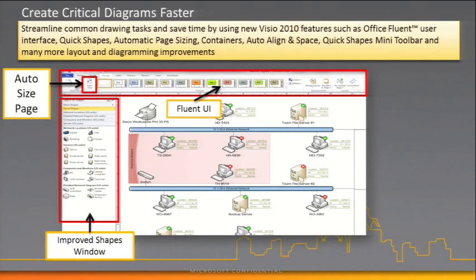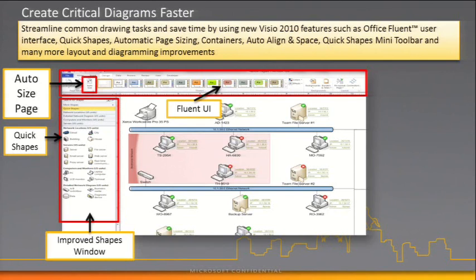They did a lot of work in the shapes window around search, around refreshing of all the shapes. So a lot of the shapes have been updated for this release. One of the biggest features that they added is what they're calling quick shapes. Now what quick shapes does is this lets you organize the shapes in your stencils the way you use them, right?